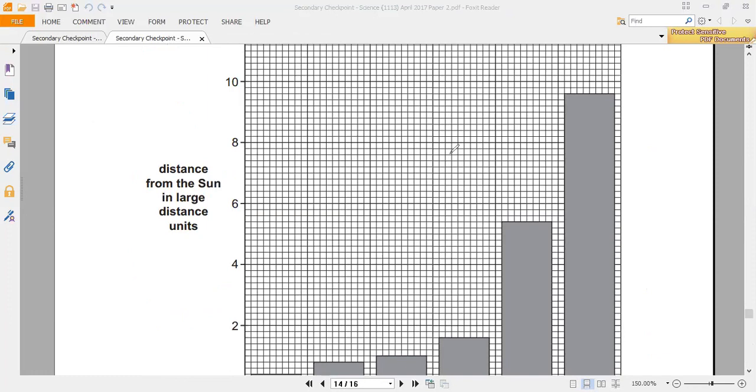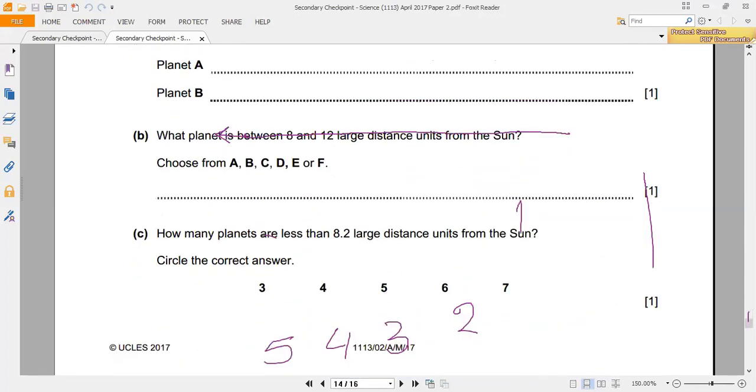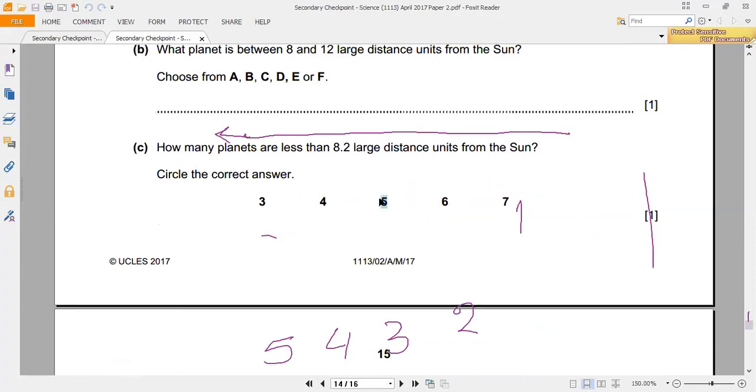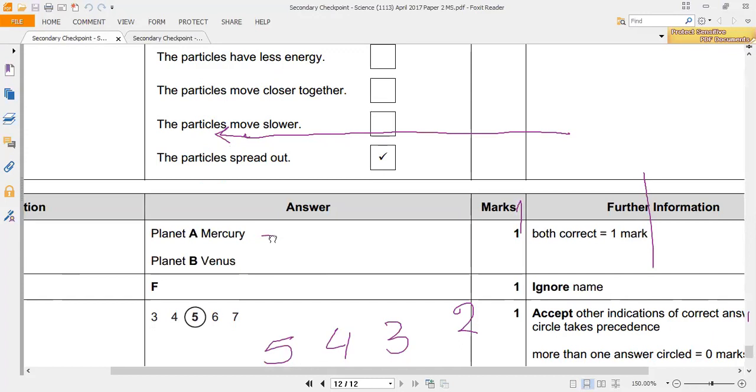So less than 8.2, let's count together: 1, 2, 3, 4, and 5. I'll remove the annotation. The answer is 5.